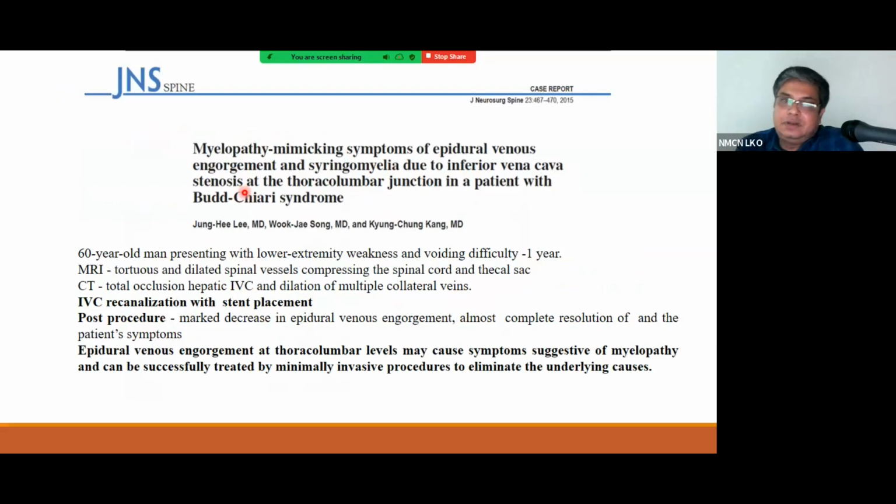Then there is another case, myelopathy mimicking symptoms of epidural venous engorgement and syringomyelia due to inferior vena cava stenosis at the thoracolumbar junction in a patient with BCS, successfully managed with IVC stenting. They say epidural venous engorgement at thoracolumbar levels may cause symptoms suggestive of myelopathy and can be successfully treated by minimally invasive procedures to eliminate underlying causes.